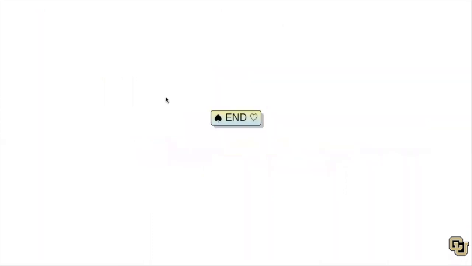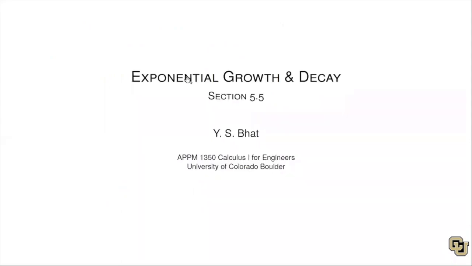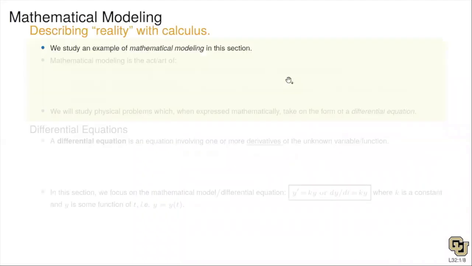And so that ends our discussion of the general exponential function. And now we want to specifically talk about exponential growth and decay. When I say that, this is an example of what we call mathematical modeling. This is really the first time we've talked about, seriously at least, how we use the math that we've learned to describe the world around us.